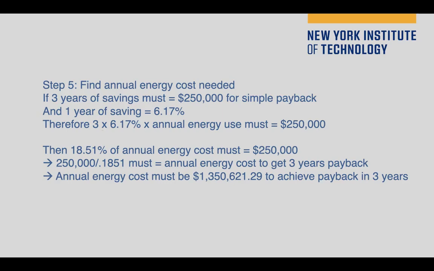Then just by proportion, we divide 250,000 by 0.1851. This number will give us the annual energy cost we need to achieve in these 3 years. Then we can satisfy the condition. Okay.